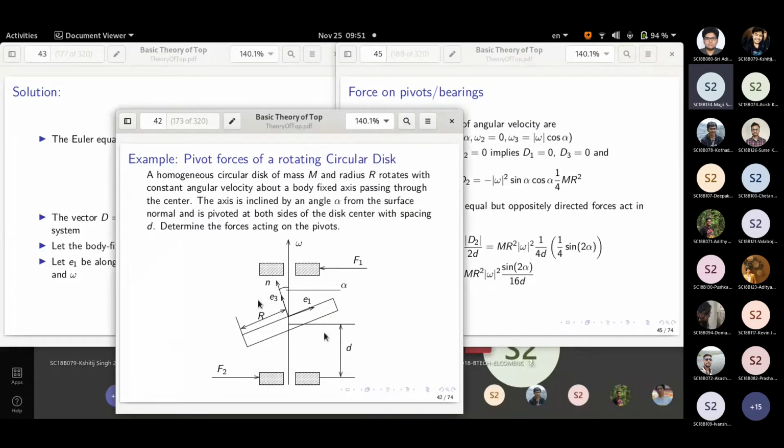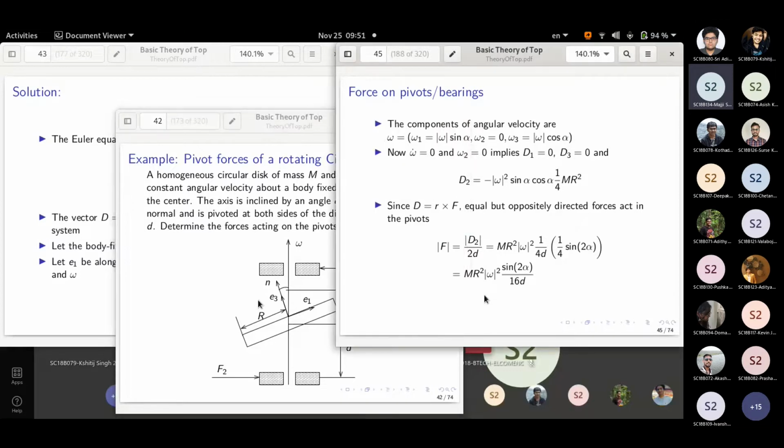Since we know the distance, the torque is along the E2 axis. Because of the torque, you see the forces F1 and F2. Because the distances are the same, this gives rise to a couple, and the couple force is given by m r square modulus omega square sine 2 alpha over 2d. You can check this out. Any questions here?